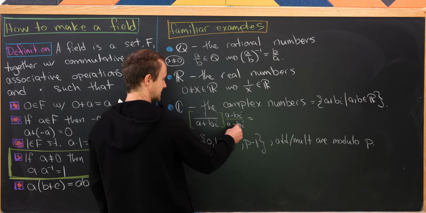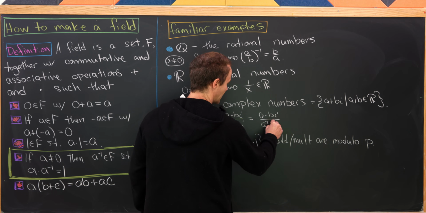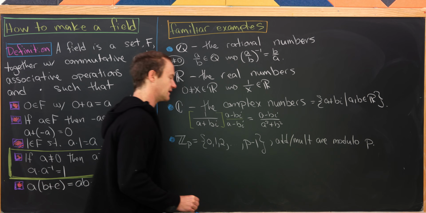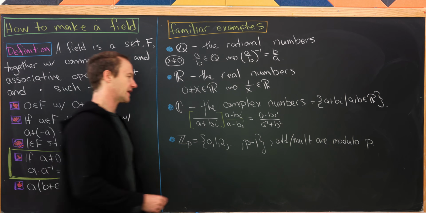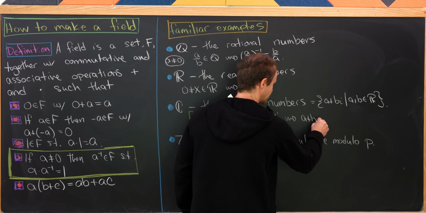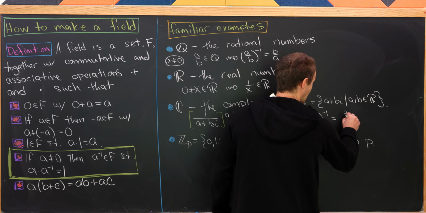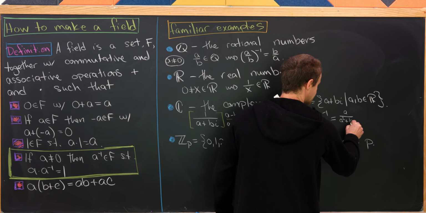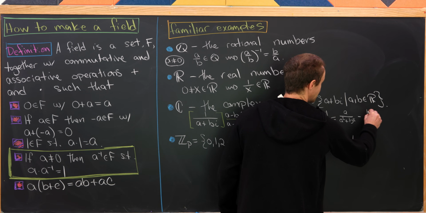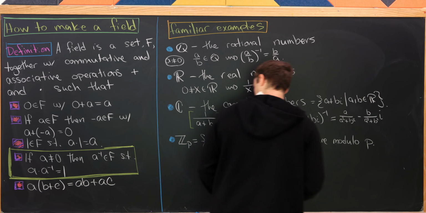And that'll give us a minus bi in the numerator, and then we'll have a squared plus b squared in the denominator. Okay, so what does that tell us? That tells us that a plus bi inverse is simply a over a squared plus b squared minus b over a squared plus b squared times i.